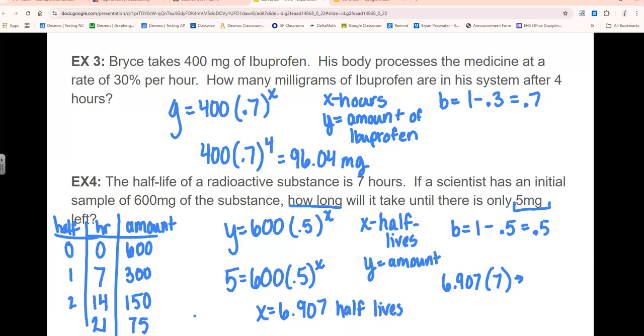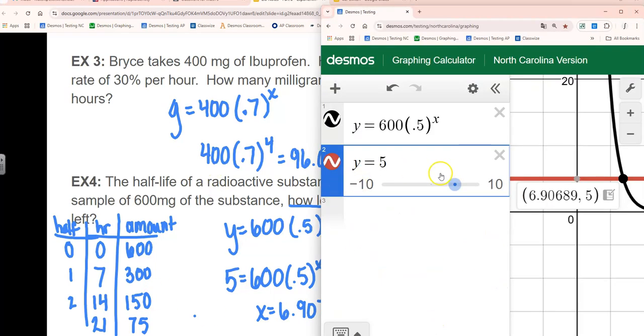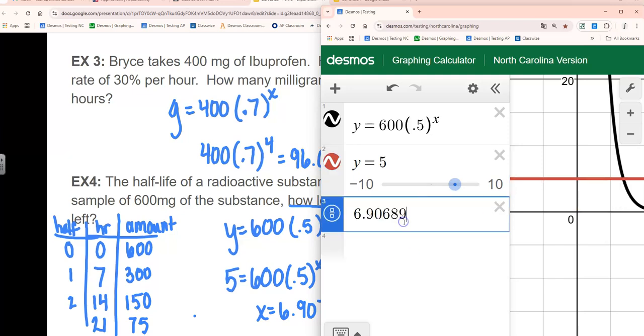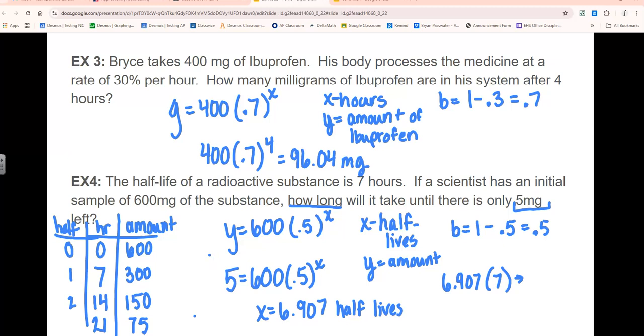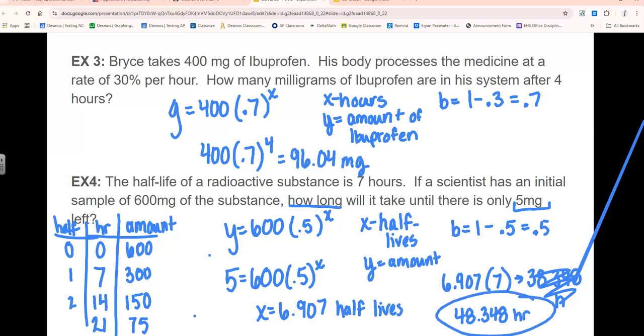And if I take this number here and multiply it by 7, I'm going to get 48.348 hours for that.